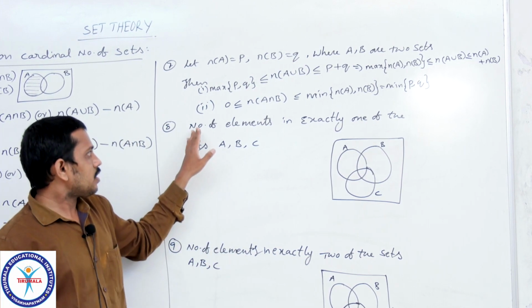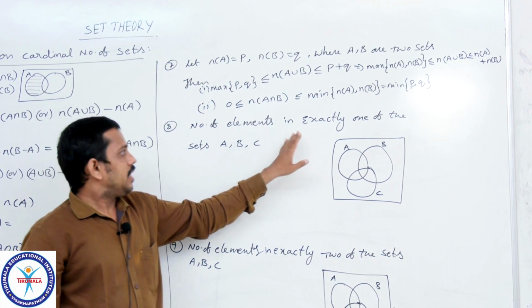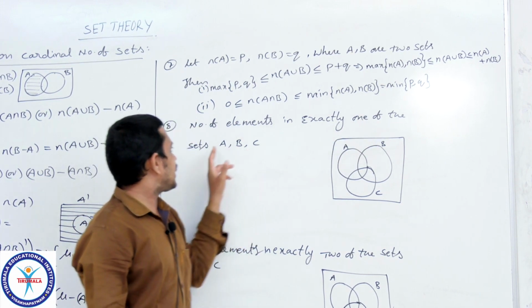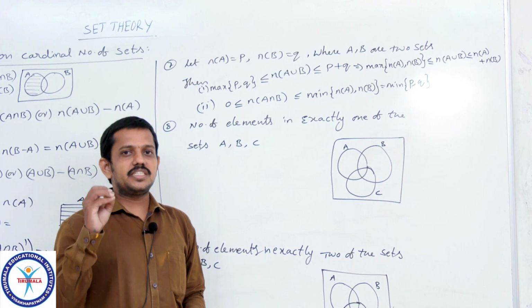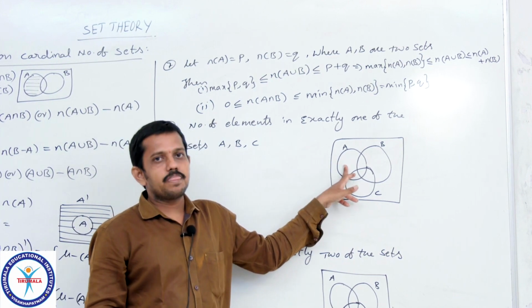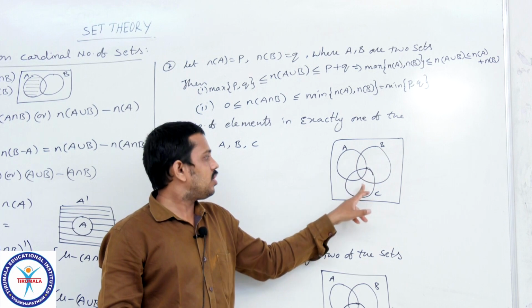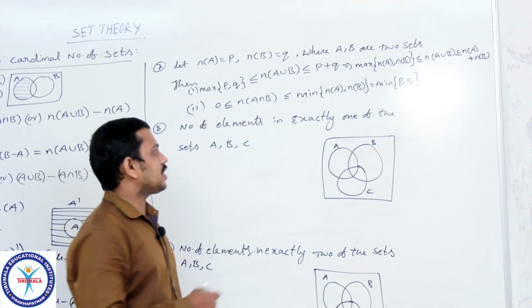Next, the number of elements in exactly one of the sets A, B, C means the elements belonging to only A, only B, only C. How many elements are there?